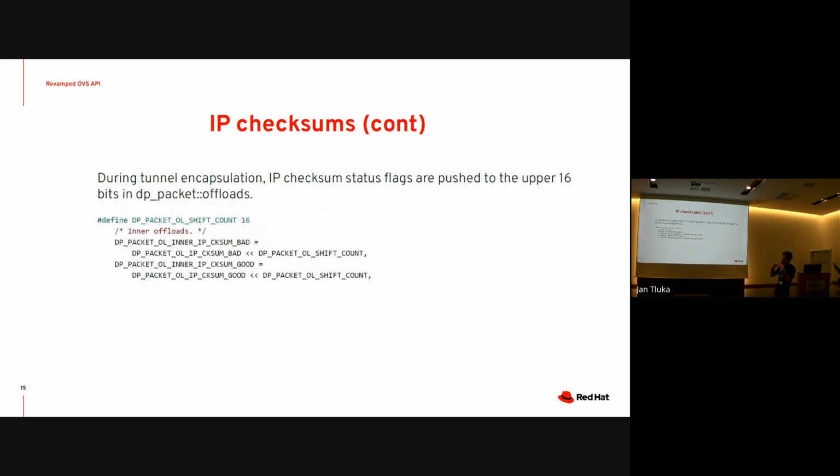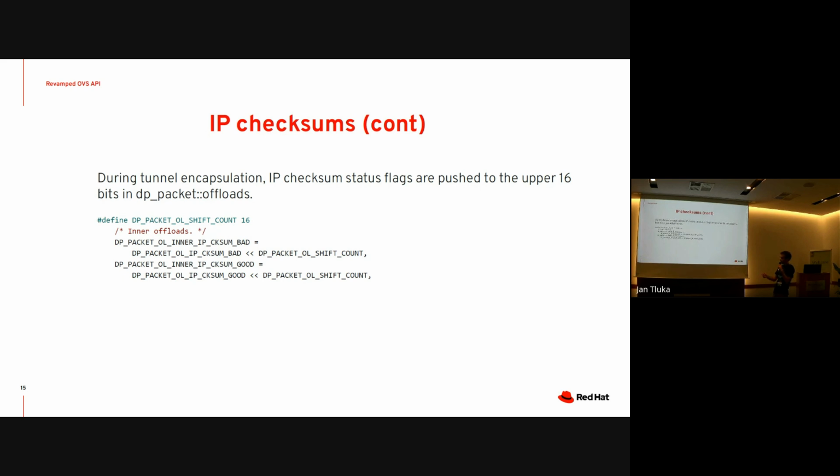For encapsulating, we also need to track the inner status. So what we do is simply shift by 16 bits. It's quite easy: you shift when encapsulating, and if you decapsulate, it's the other way.